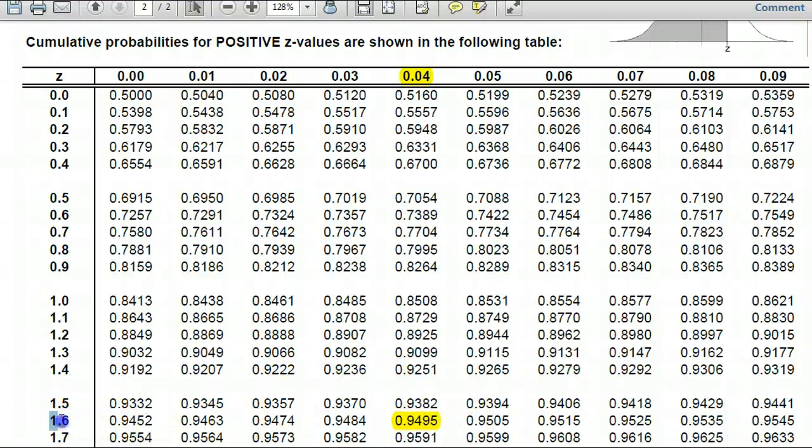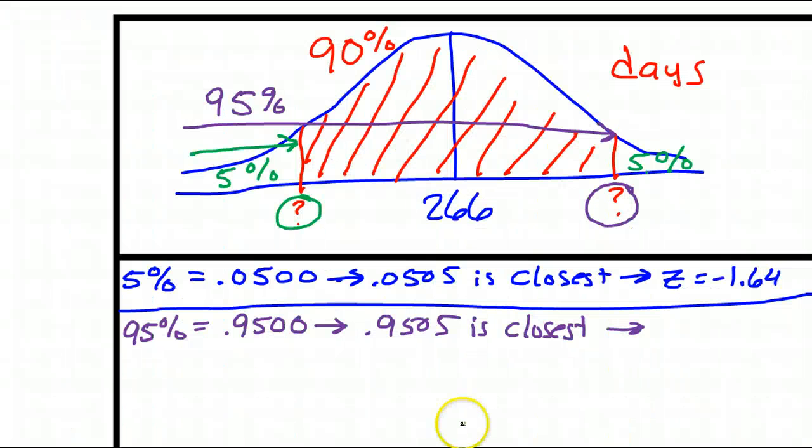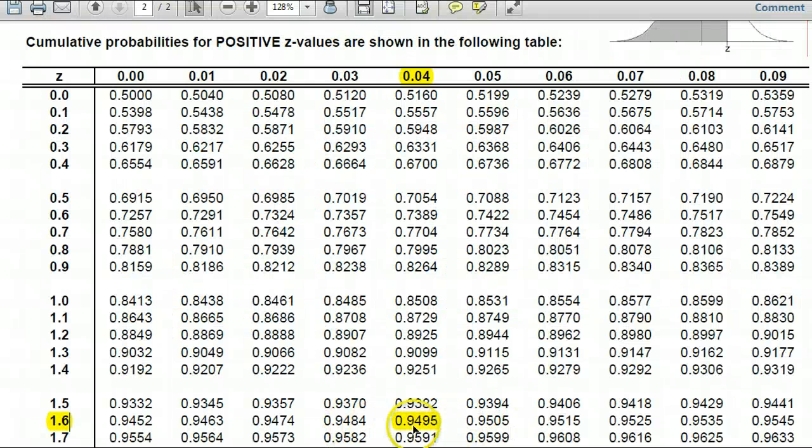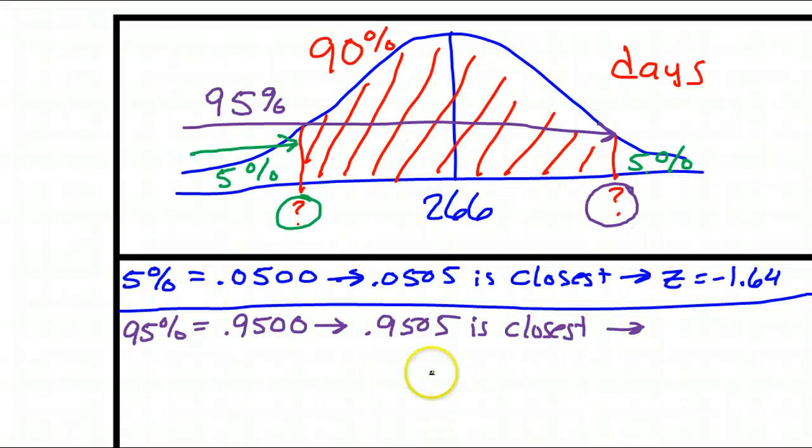Okay, so this way I'll have positive 1.64 to go with my negative 1.64 from before. Okay, so I'm using the 0.9495. So that's going to give us a z-score of positive 1.64.